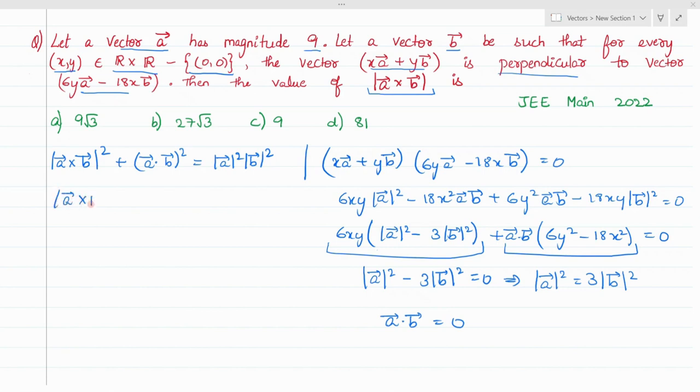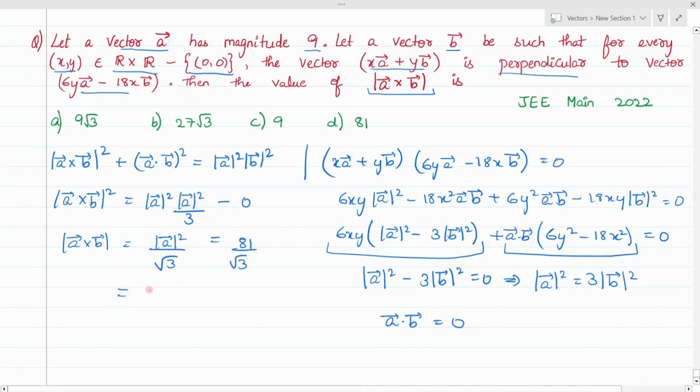You'll get mod A cross B whole square equals mod A square, as it is, times mod B square, which can be written as mod A square by 3 from this equation, minus A dot B square, which is 0. Now mod A cross B can be written as mod A square by under root 3, which is 81 by root 3. So it becomes 27 root 3. So option B is the correct answer to this question.